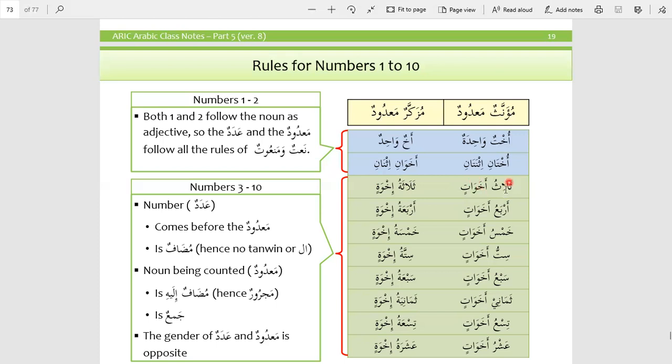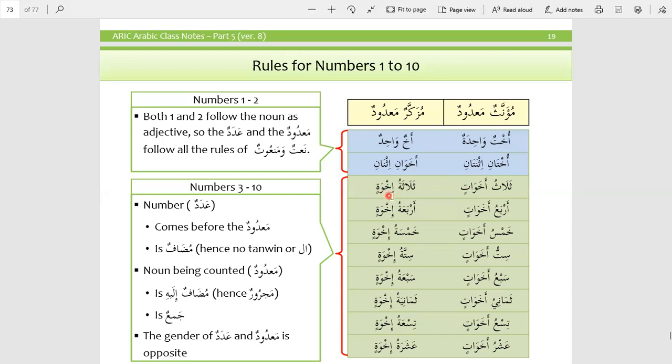And when we are counting and it's more than 2, it's now 3, the mawdud carries a plural. The same applies here. Akhun, ikhwatin. Akhun is singular, ikhwatin is plural. So akhun is singular, it carries the singular. But when we say thalathatu, look at this one. It's 3 brothers. Ikhwatin, it becomes plural. The mawdud is always in plural form and mudaf ilayhi.